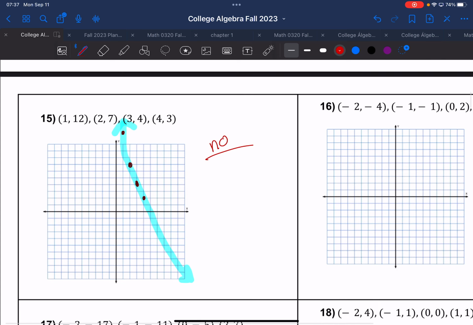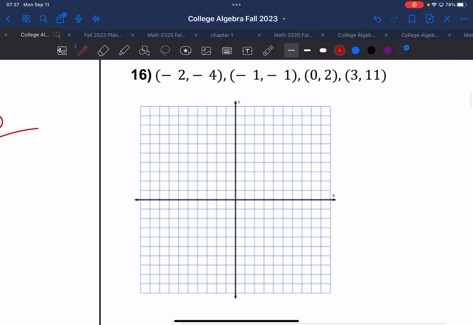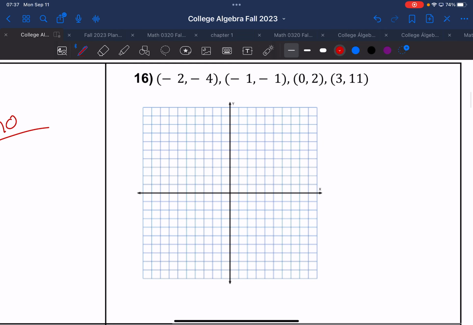So again, this concept, we're just practicing plotting points. So for 16, we're plotting -2, -4. -1, -1, 0, 2, and 3, 11.